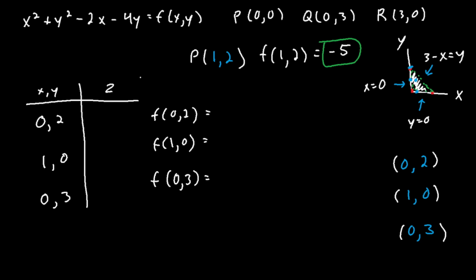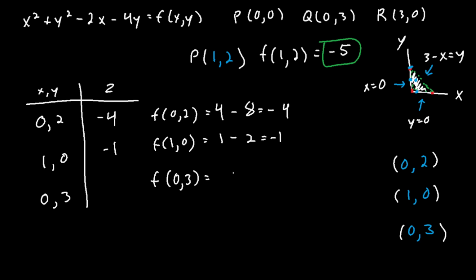But if you plug everything in, you get, what is this? This is 0, so this is just 4. So 2 squared minus, this is just 0, 8. So you get negative 4 here. So our z value is -4 here. So for 1, 0, you get 1 plus 0 minus 2, which is equal to -1.